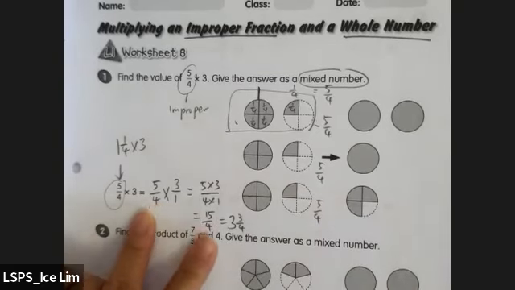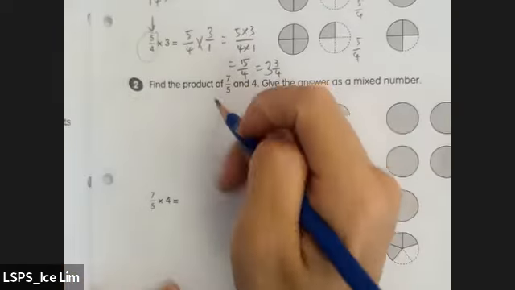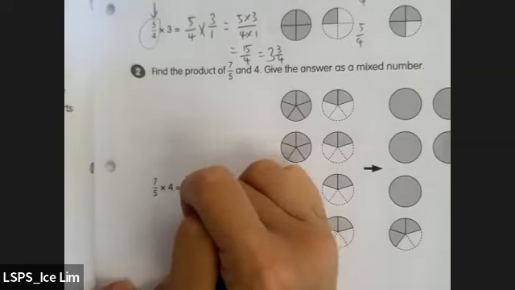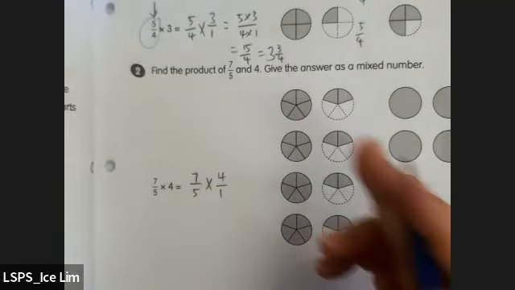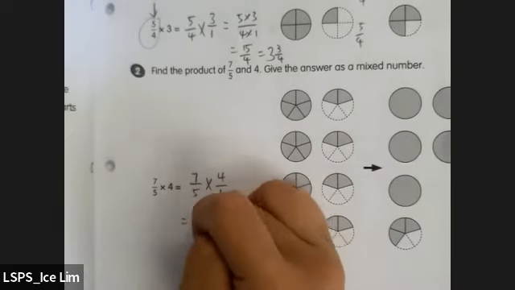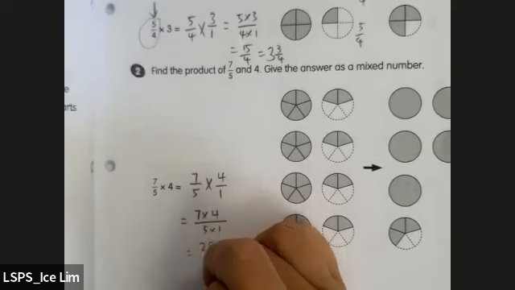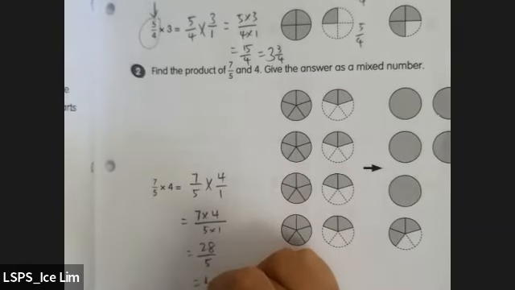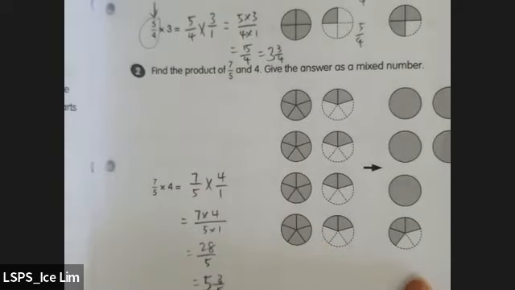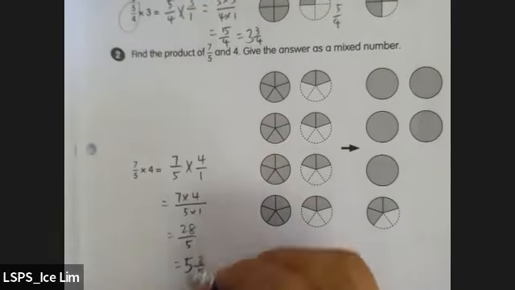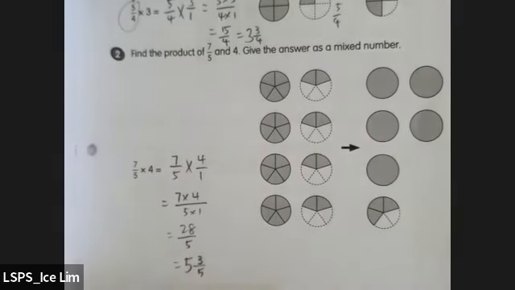Now, this is the shortcut step. In the shortcut step, I cancel if I can cancel. If I cannot cancel, I just continue to multiply. The picture shows you how it looks.